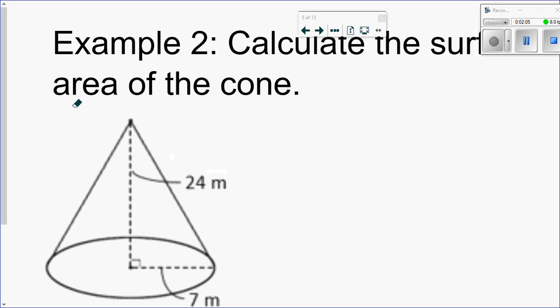Calculate the surface area of this cone. Oh, look at that. They don't give you S. Those big meanies.